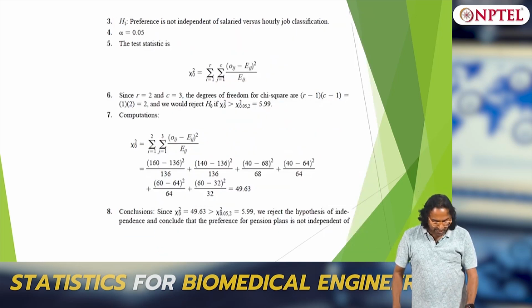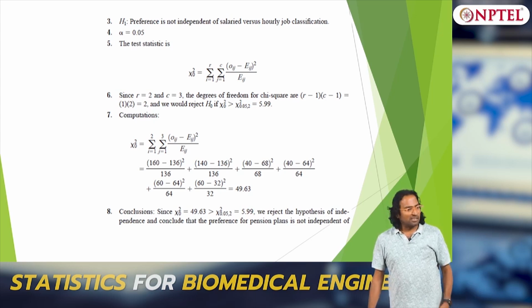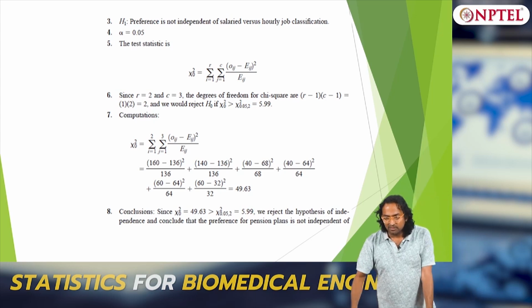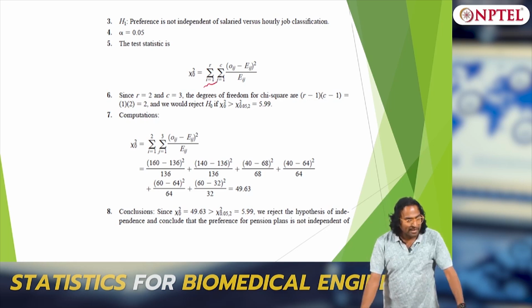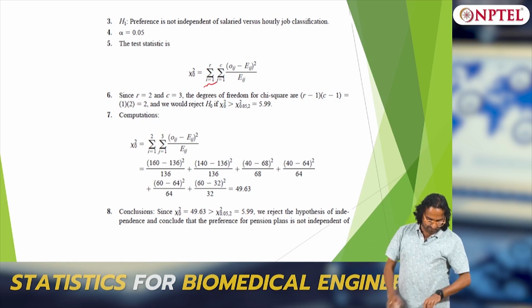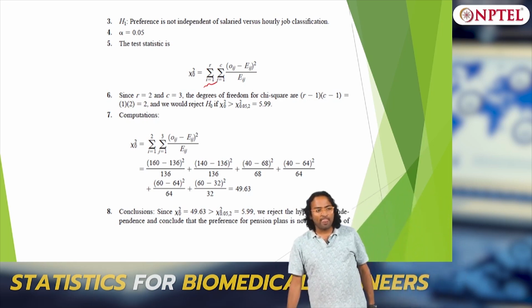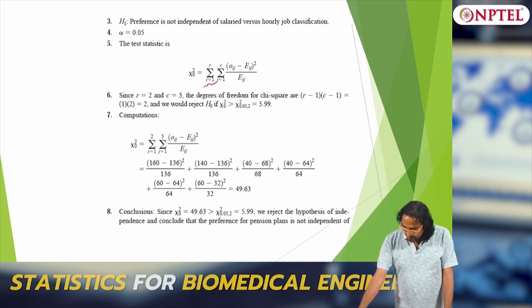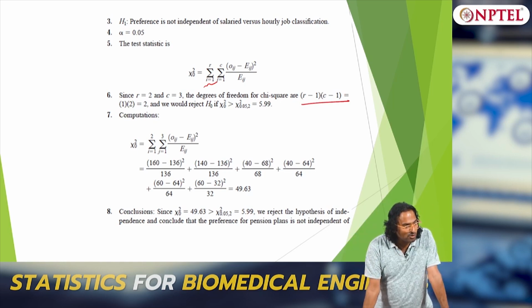Once I have that, all I have to do is the test statistic, which is nothing but observed minus expected, the whole square, divided by expected, and this is 2 dimensional, so it is summed along both the i and j axes, and the degrees of freedom is given by r minus 1 into c minus 1.